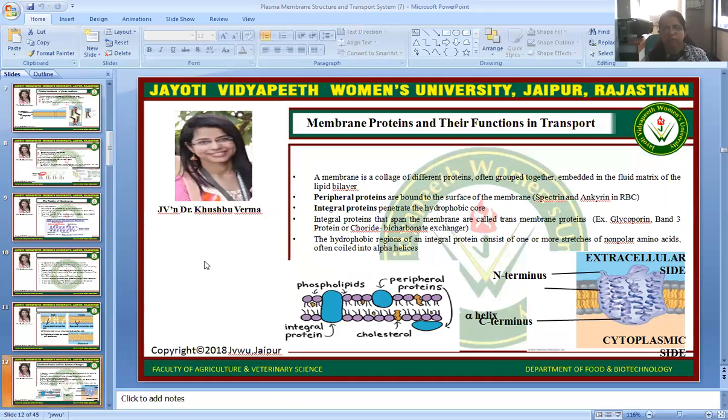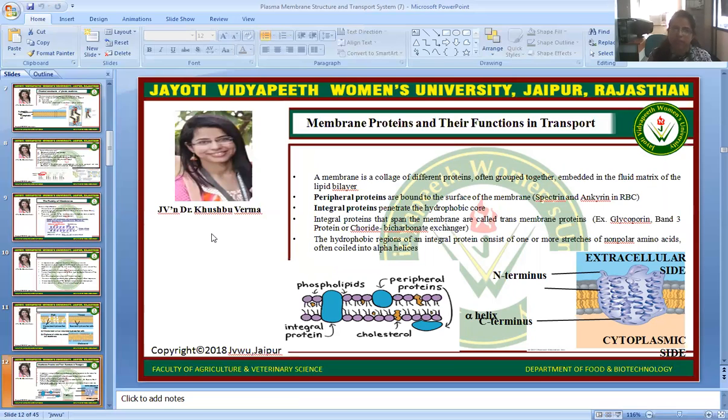If we talk about membrane proteins and their function in transport, there are two kinds of proteins arranged in the cell membrane. First are peripheral proteins. They are bound to the surface of the membrane. And the second one is integral proteins. They are also known as transport proteins. They penetrate the hydrophobic core of the phospholipid bilayer.